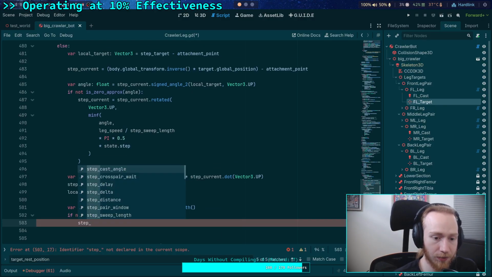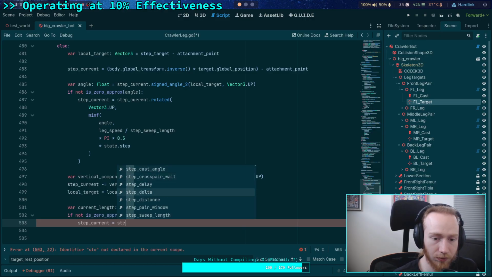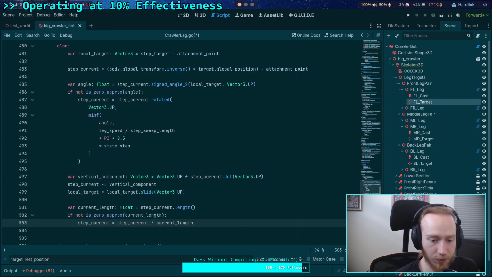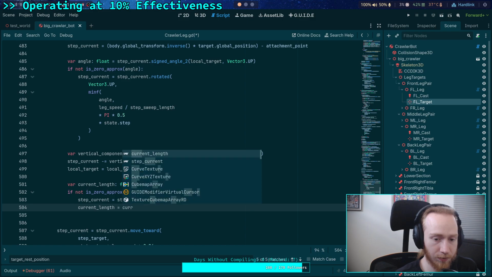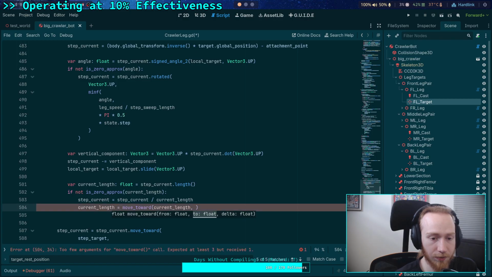Yeah, I would do step current length, and then I do current length with this delta.